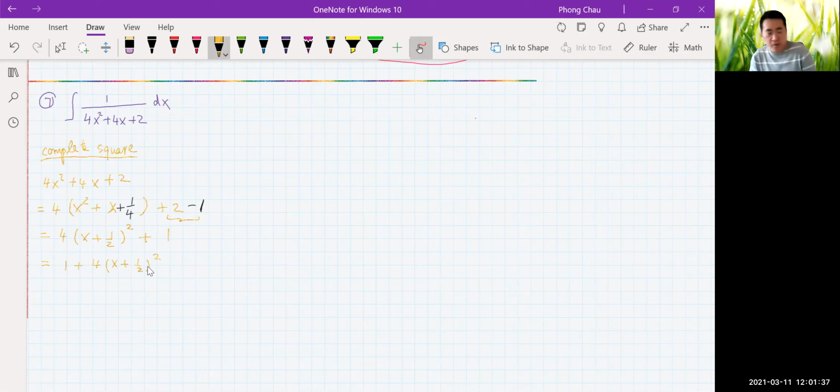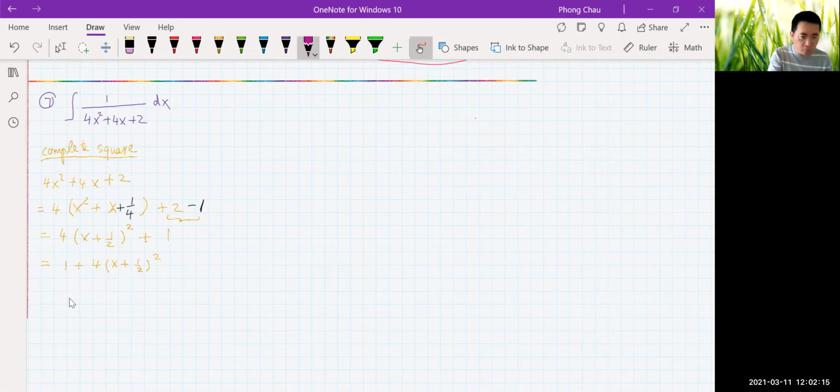Okay. Now from here, you're going to decide what you're going to do using the sine, tangent, or the secant. Notice that this is the sum of squares. So with sums of squares, you know you'll be using the tangent. But again, it's a little bit tricky here how to figure out the tangent. So just figure out by looking at what we want.